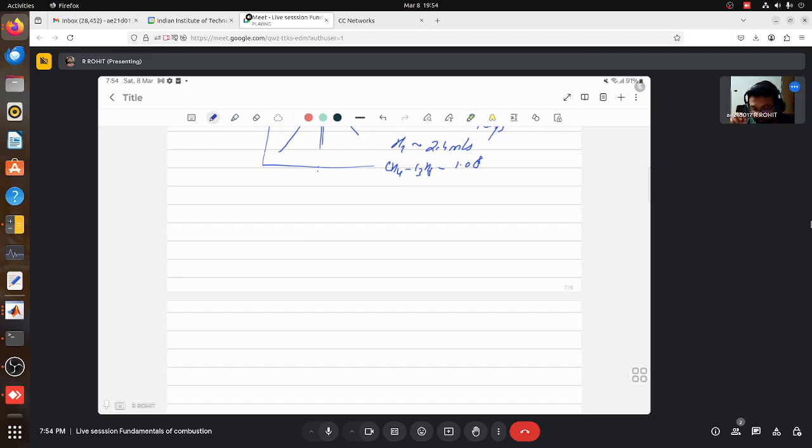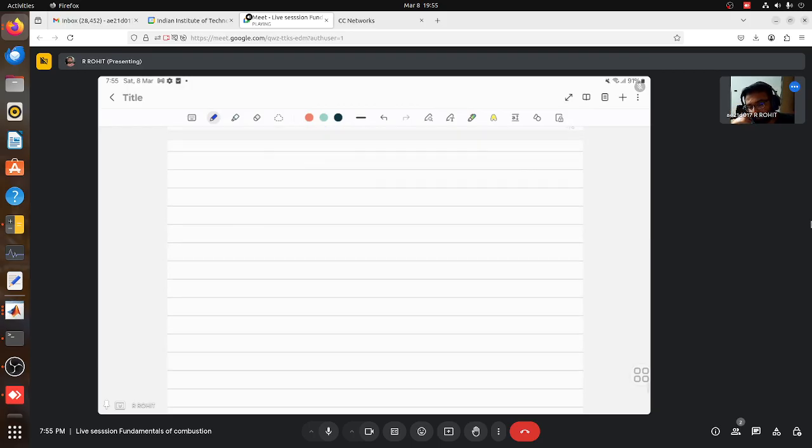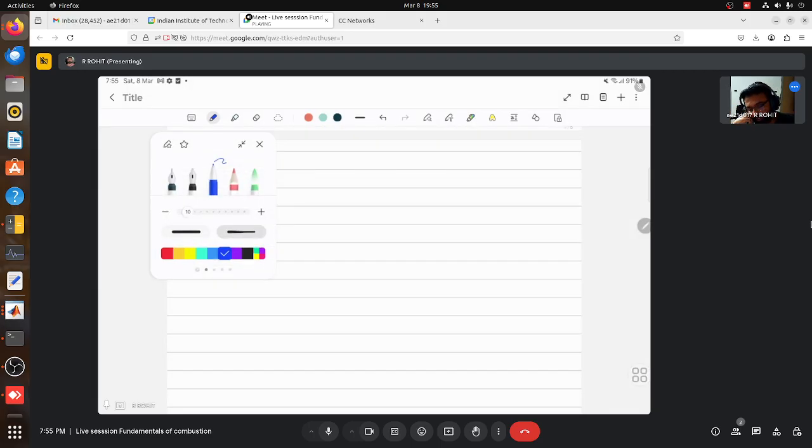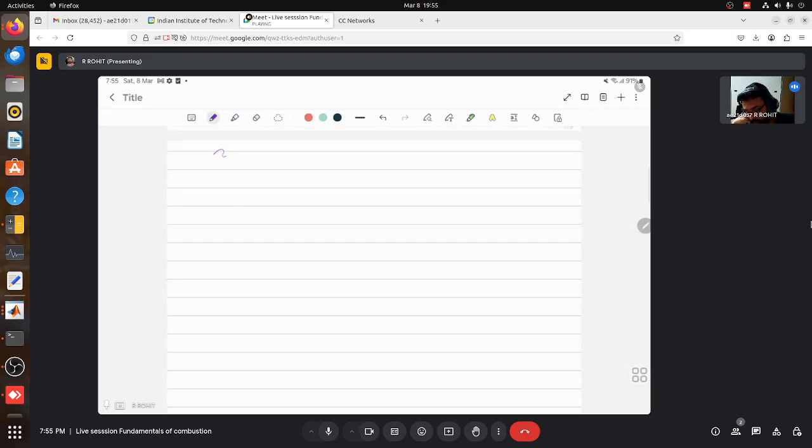So in short, the premixed flame depends on your adiabatic flame temperature and the laminar flame speed that you have. Now one final thing that I will discuss today is the topic that was introduced to you, the premixed flame structure.